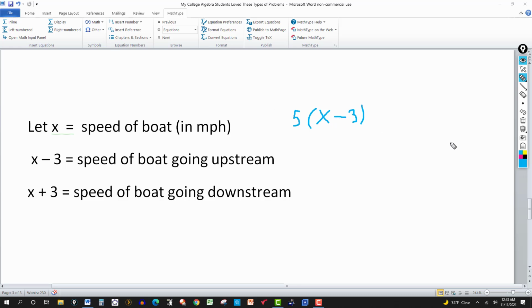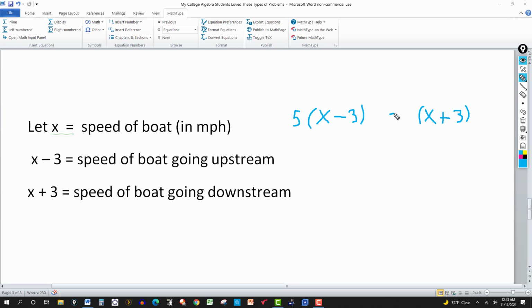Now coming downstream, you're going with the current now. So the current is pushing the boat. So in this case, we add the speed of the current to the speed of the boat. And because the boat is being pushed by the current, it takes less time.